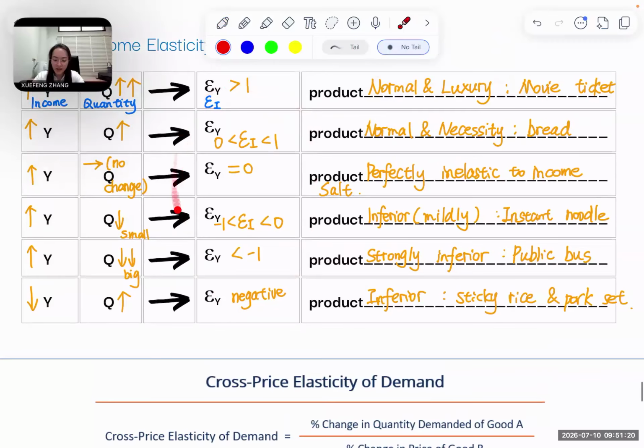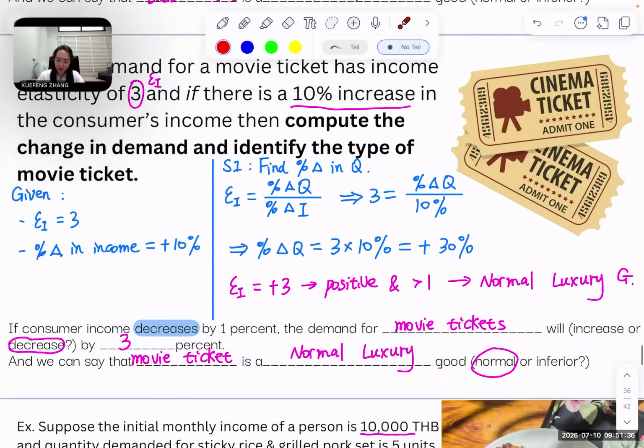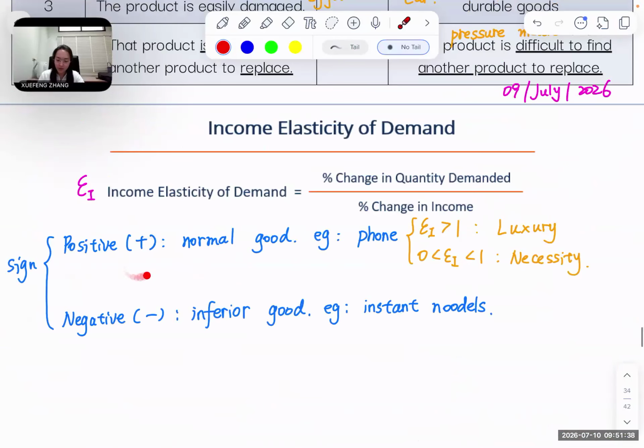Please be careful about the sign. The sign tells you the type, and the size tells you how dramatic. If it's positive, normal good. If it's negative, inferior good. If epsilon is greater than 1, it's a luxury, and you react strongly to income.